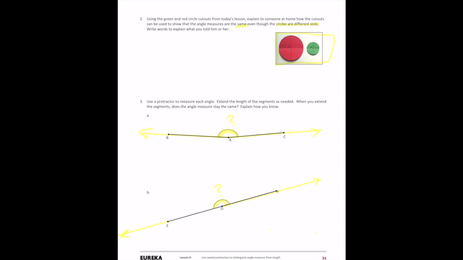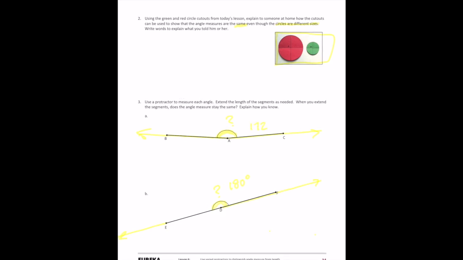Explain how you know. Well, you can take your protractor and measure it. So you can use the protractor to measure, and it's going to be the same obtuse angles for both of them. This one, I'm going to guarantee you, it's 180 degrees. And then this one over here, you're looking at approximately 172 degrees.